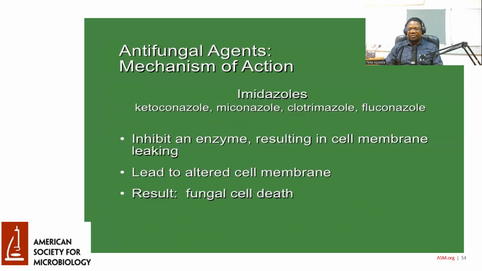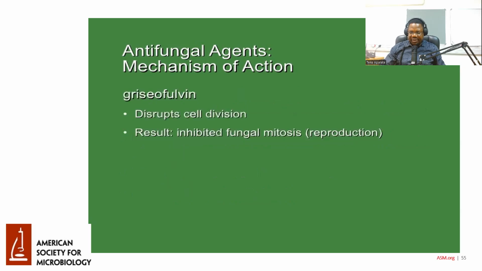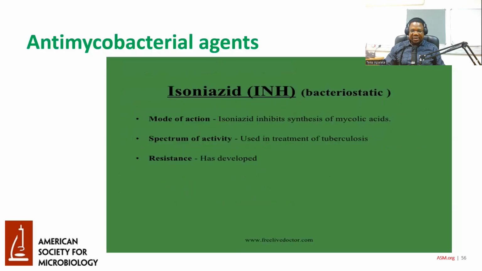We also have other antifungal agents like the imidazoles, such as ketoconazole, miconazole, clotrimazole, or fluconazole. Those inhibit an enzyme, which results in cell membrane leaking. Another antifungal is griseofulvin, which acts by disrupting cell division; it inhibits fungal mitosis, and that leads to cell leak.